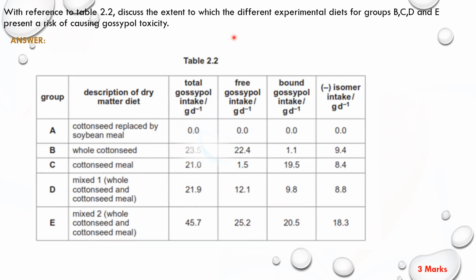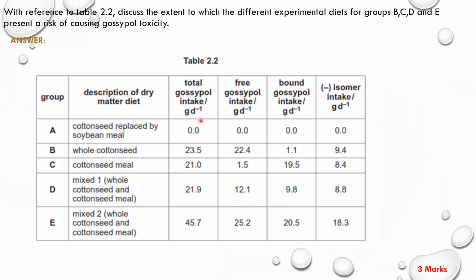As toxicity is affected by the amount of gospel intake, the more gospel intake, the more toxicity. But there's no statistical test, so you cannot bank on this.